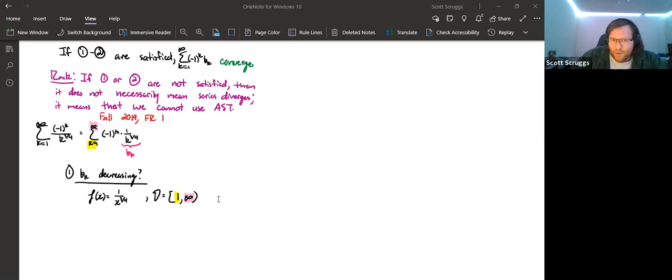And so like what we did at the beginning of this review session, I'm going to use the first derivative test to help me. What I now want to show is that the function f of x itself is decreasing.